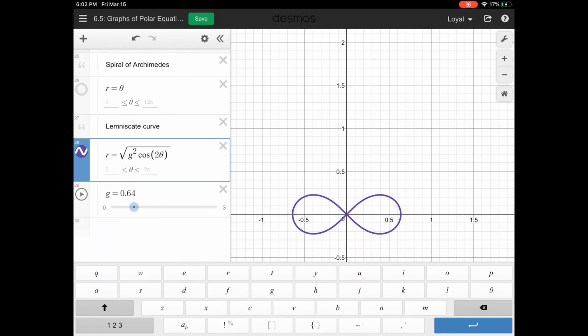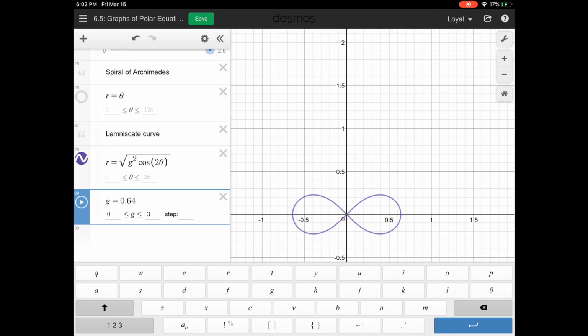Now, if I was to take this curve, the real big factor about it is that we squared r. In this case we had to take the square root of both sides in order to make it graphable. So we have r equals something.